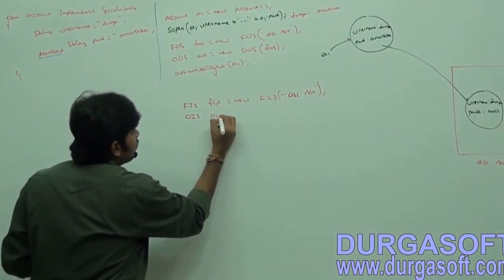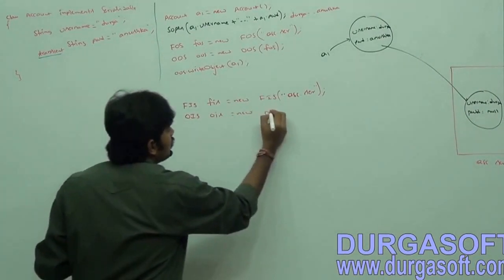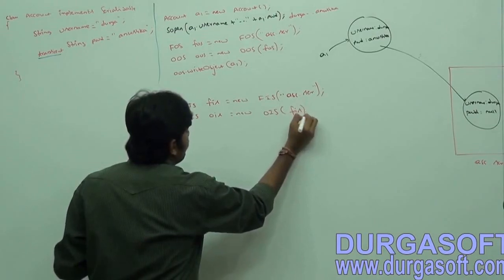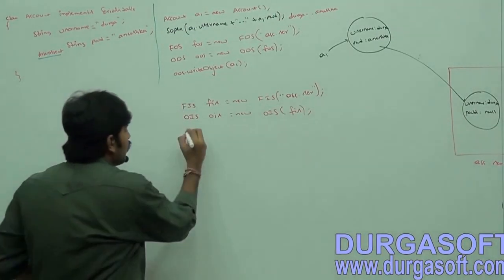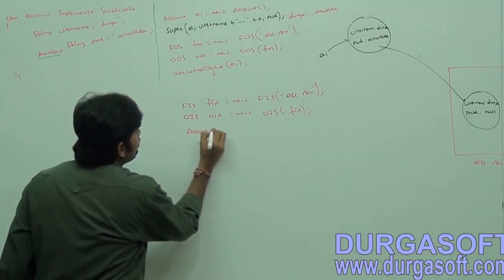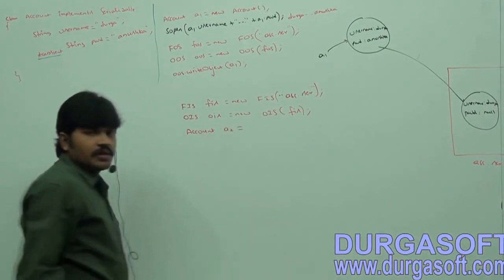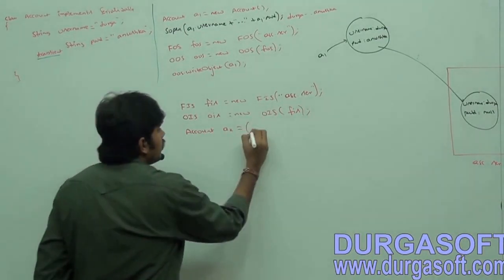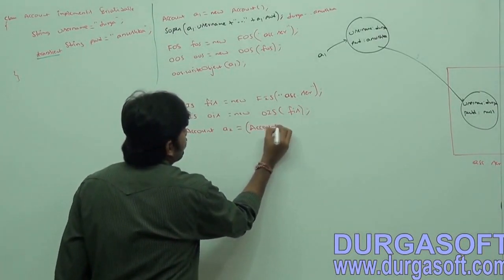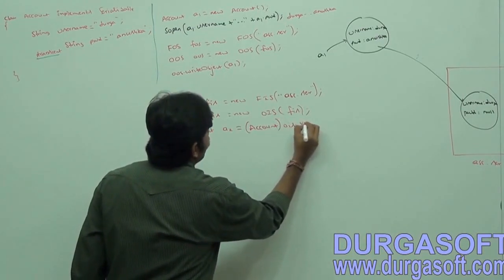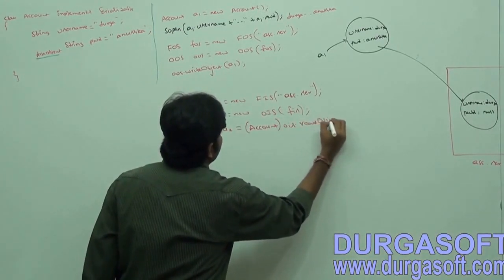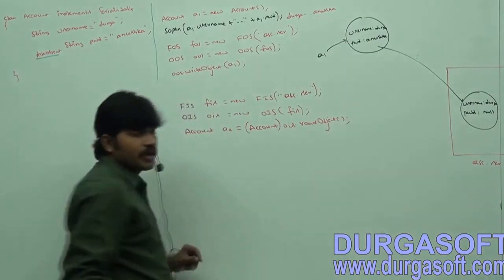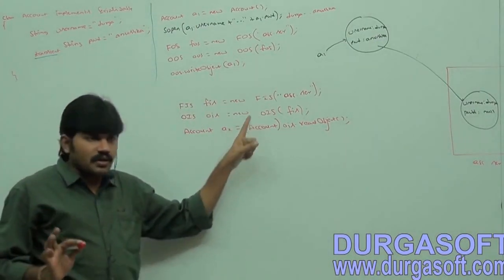ObjectInputStream ois is equal to new ObjectInputStream of fis. Now Account a2 is equal to Account of ois.readObject.